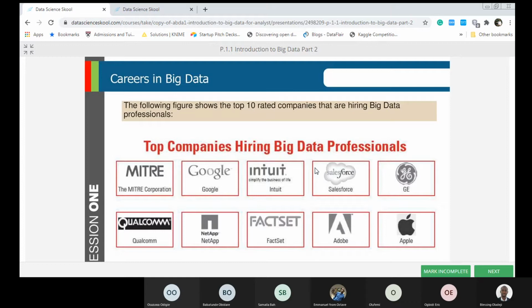Then at some point they were very specific about people that have AI expertise, data science expertise, big data expertise. They narrowed it down to that group of people. Which means that the market is totally ready for you.